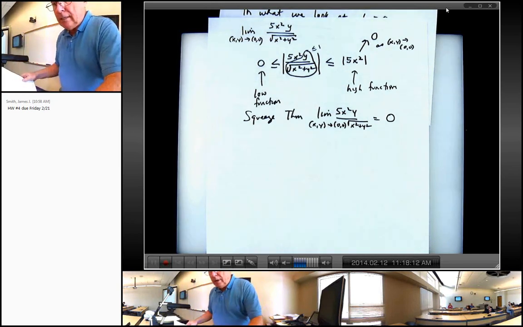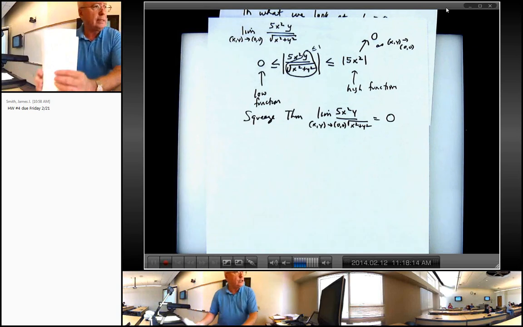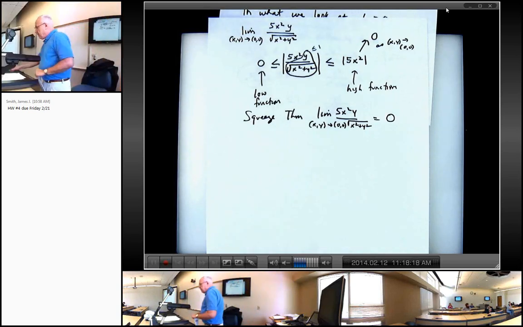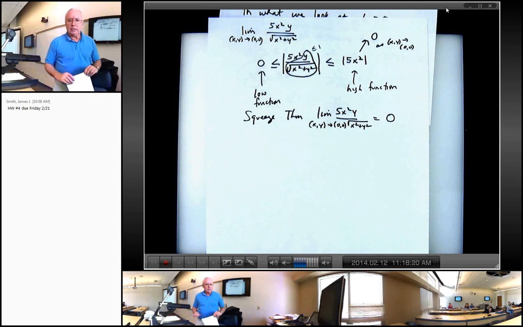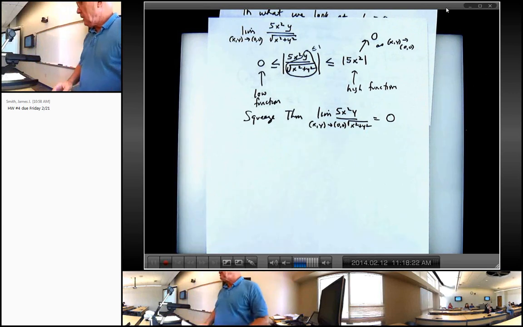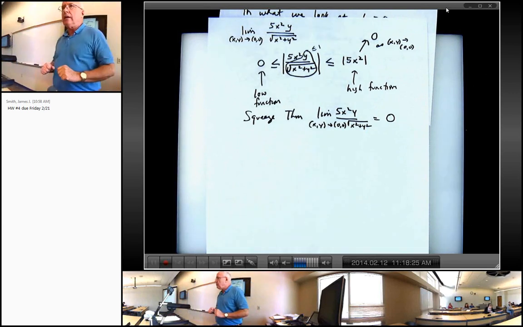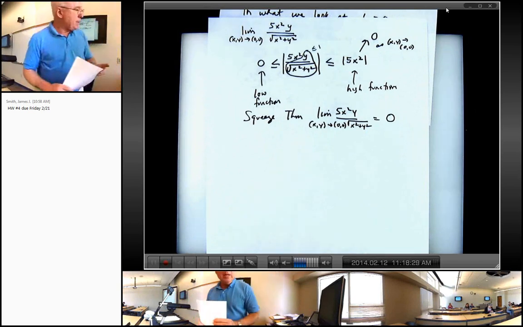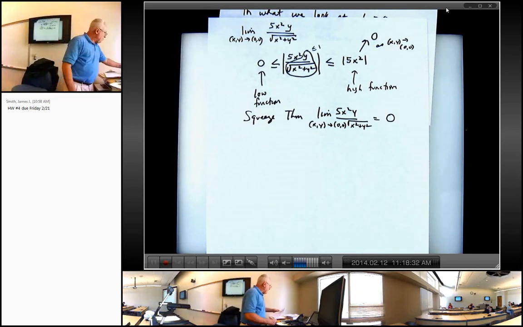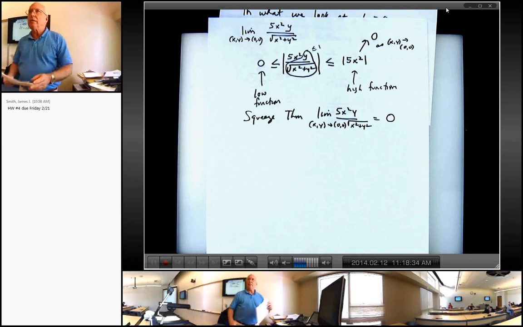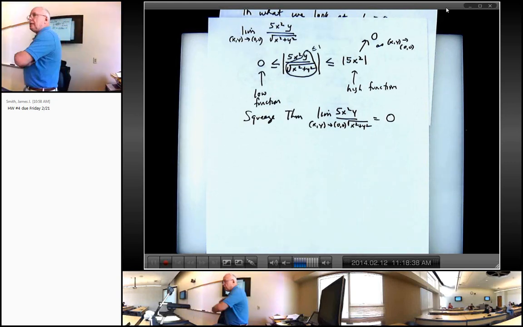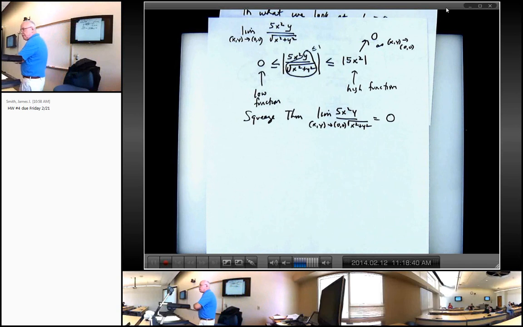All right, that's what we're going to do with limits and continuity then. And oh, guess what? In the next section, we finally get back to something that looks like calculus again. What we're going to talk about in the next section are partial derivatives.